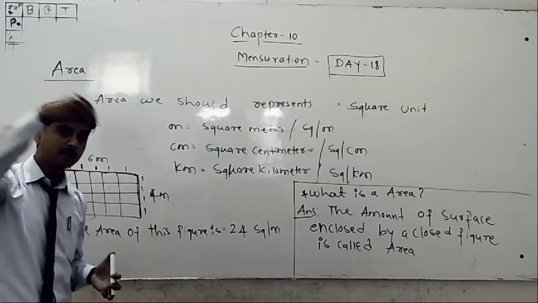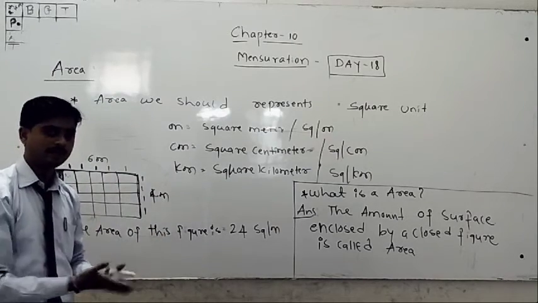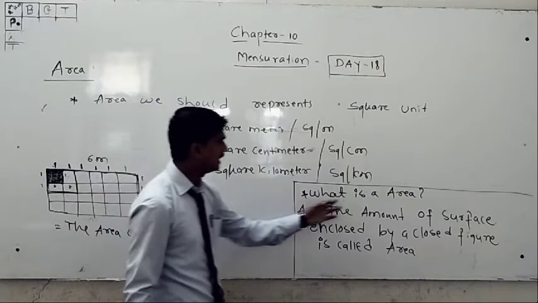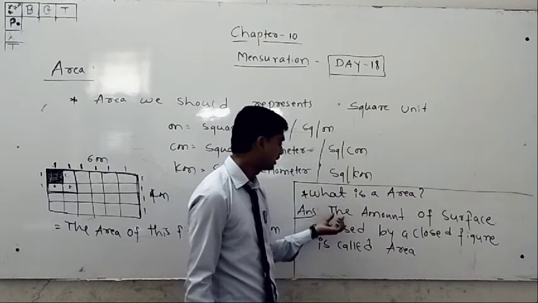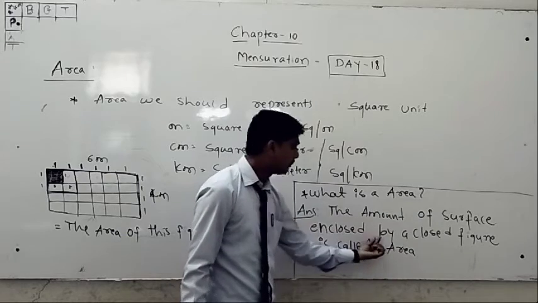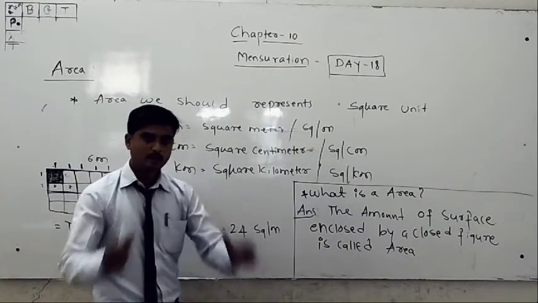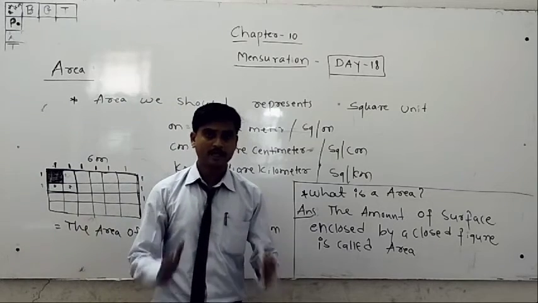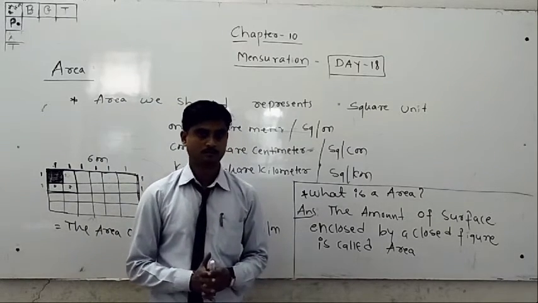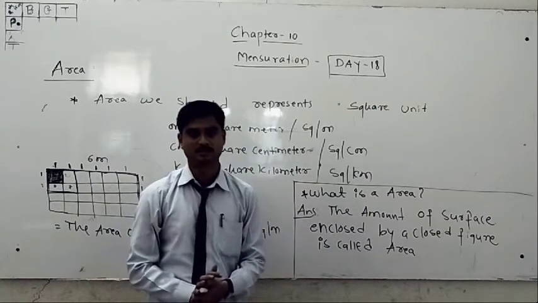In perimeter we represent only meter or centimeter as given. Then what is area? The amount of surface enclosed by a closed figure is called area. In the figure, how much place is enclosed, occupied, that is the area of that figure.